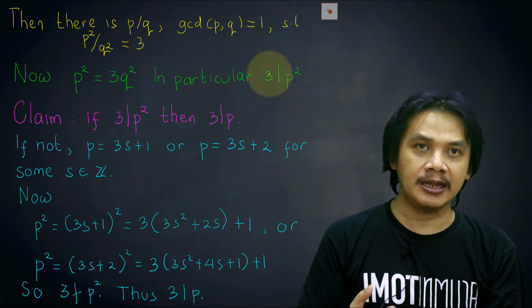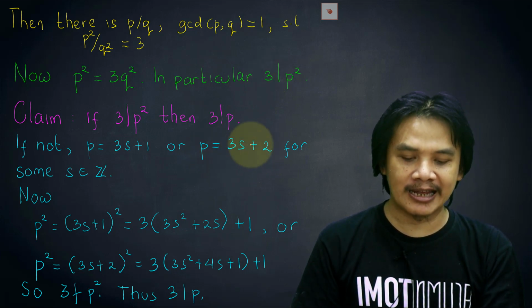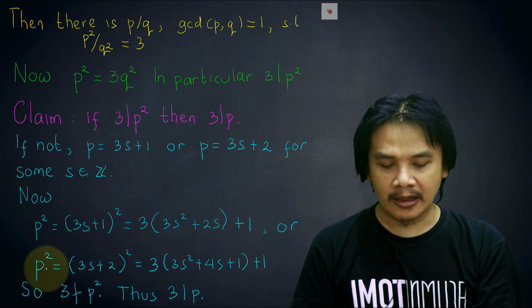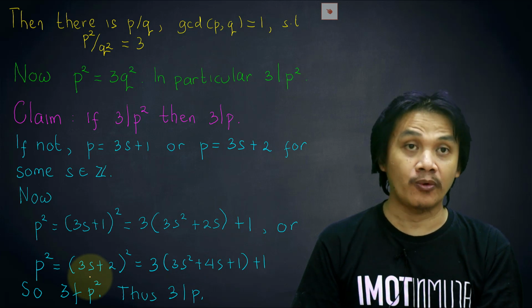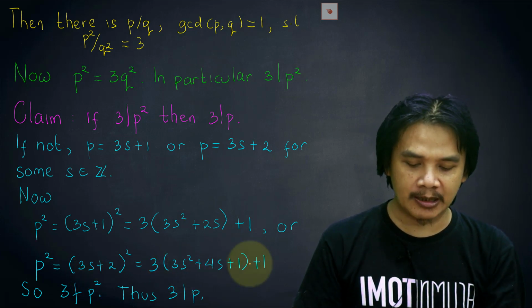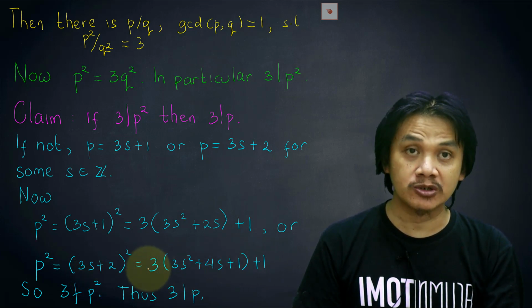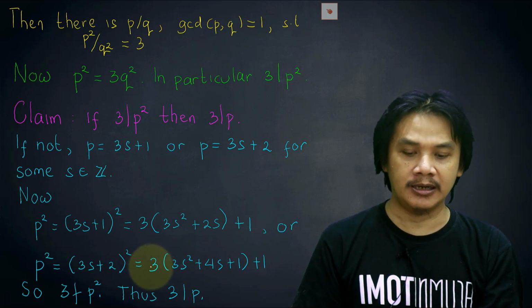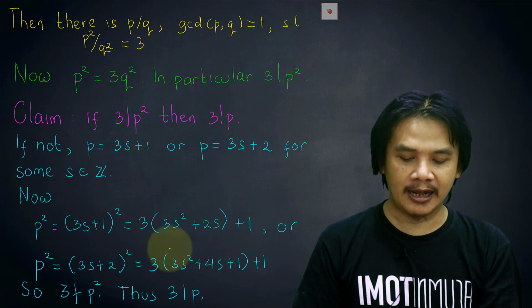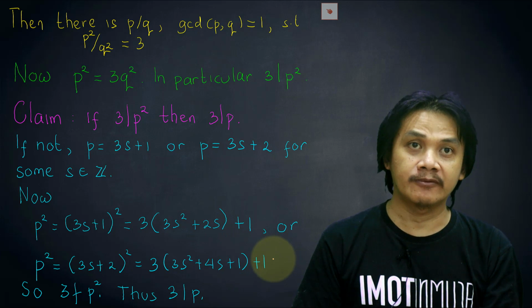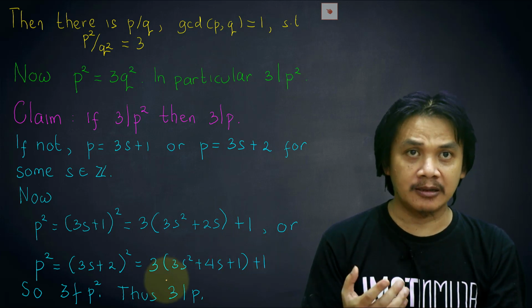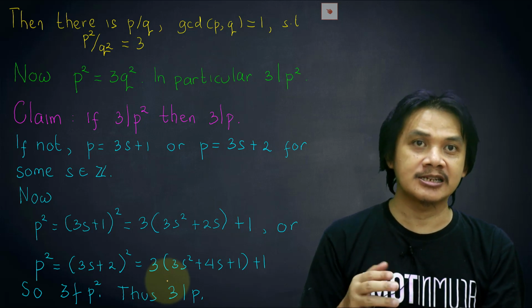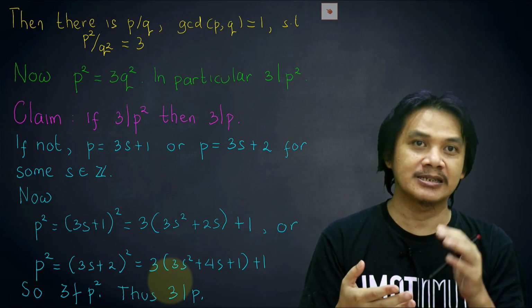Similarly, when p is equal to 3s plus 2, when we square that we get 9s squared plus 12s plus 4, which can be written as 3 times (3s squared plus 4s) plus 1. Again, we can see that this p squared is not a multiple of 3, because it is a multiple of 3 plus 1.